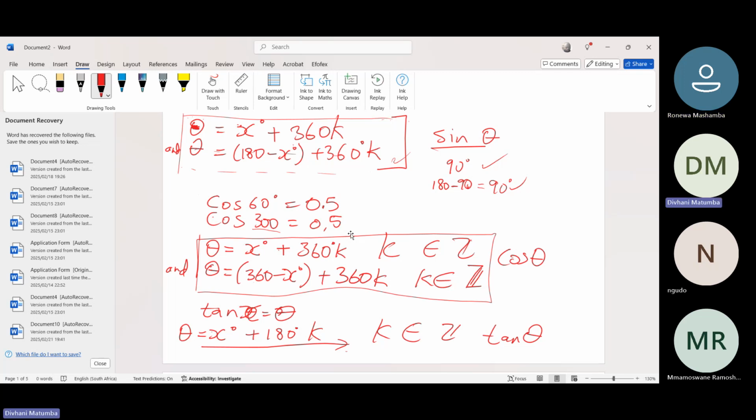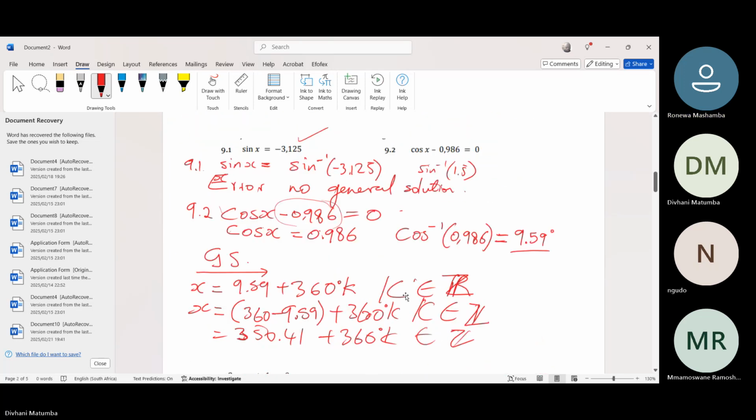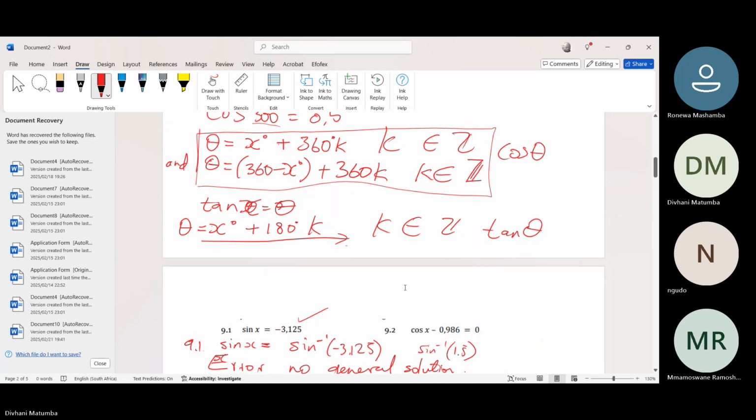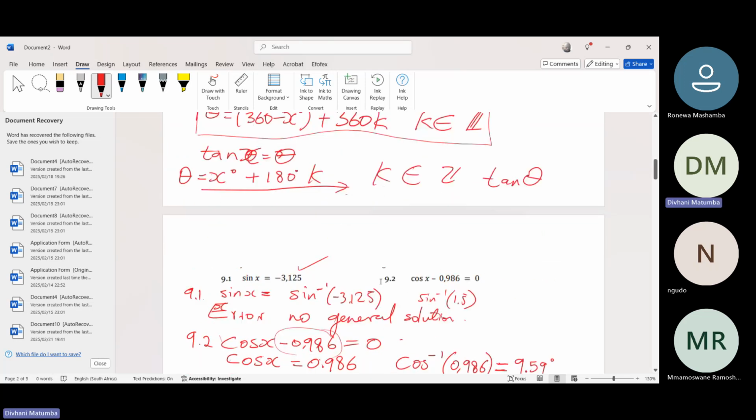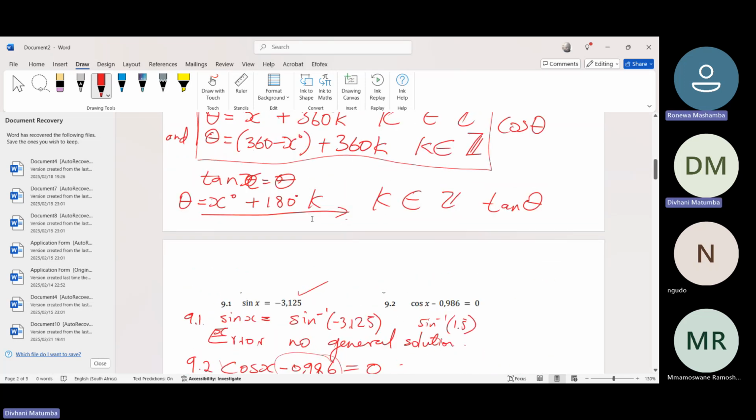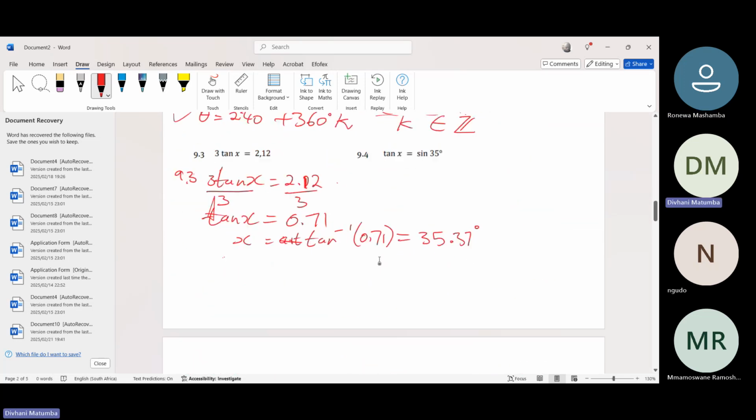We are dealing with tan, so theta is equal to x.